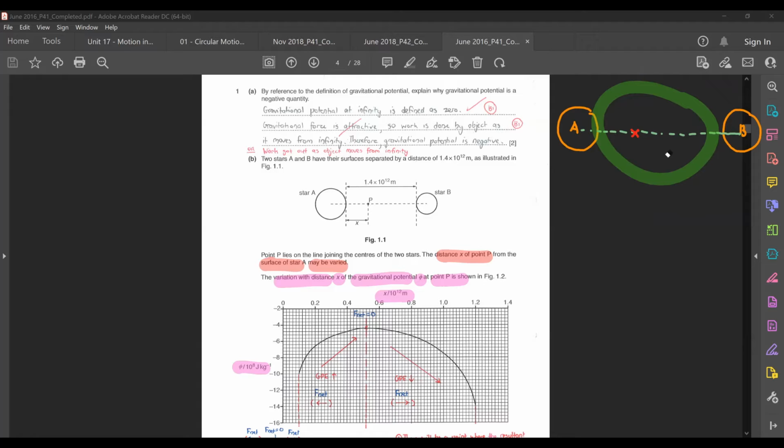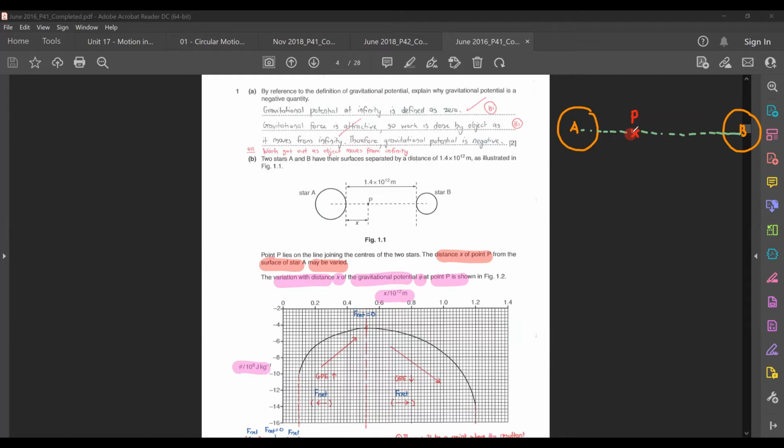Okay, so right now you have a point P that is of interest to you. If I want to find out the resultant quantity here, let's say I am interested in finding the resulting gravitational potential at this point.